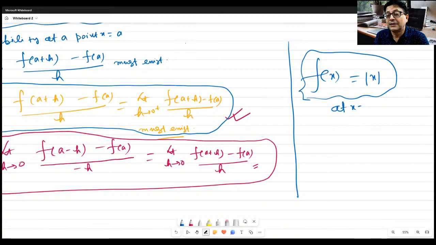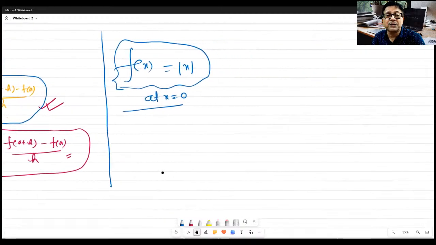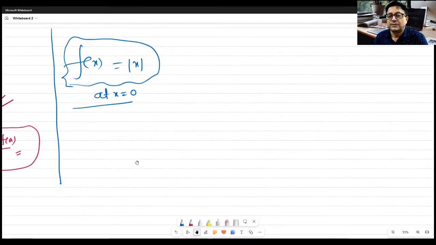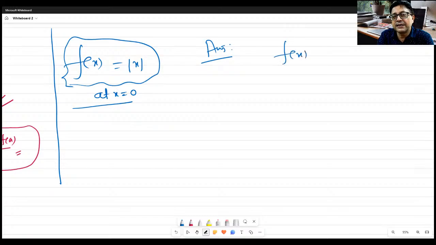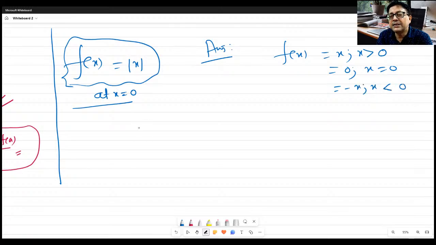Check differentiability of this function at x equal to 0. Your strategy is to write the function properly: f x equal to x for x greater than 0, 0 for x equal to 0, minus x for x less than 0. Isn't it?